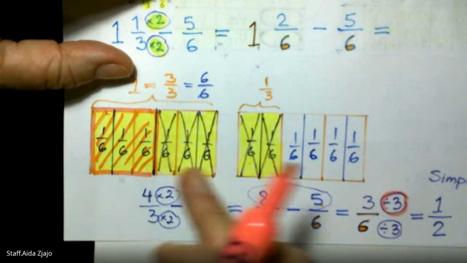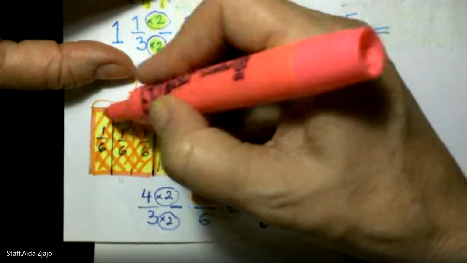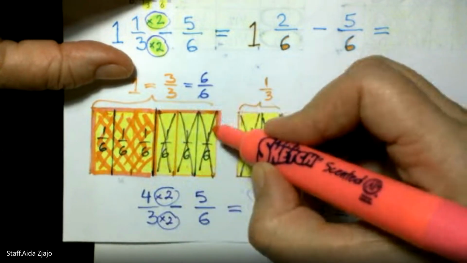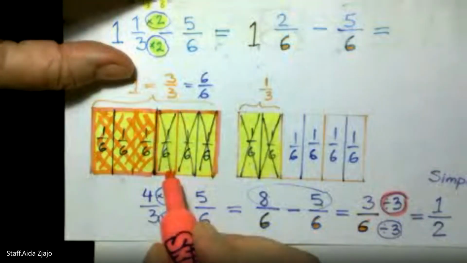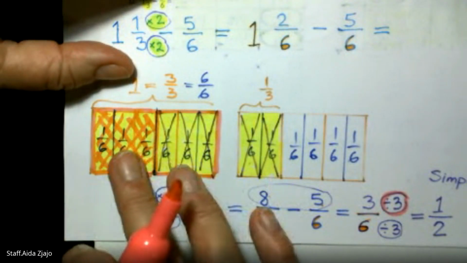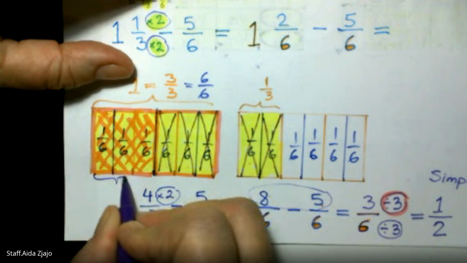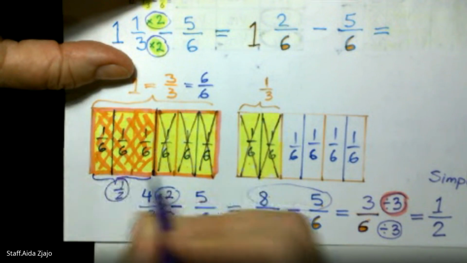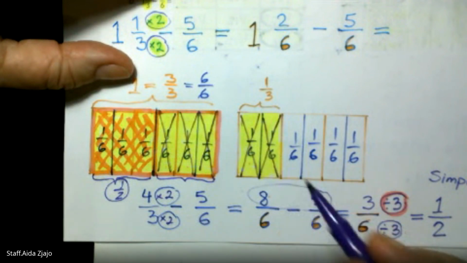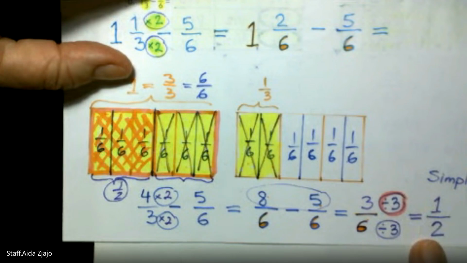And when you look at the whole, this is exactly the same piece as this one here, which is half of a whole. So this is 1/2, this is 1/2. 3/6 makes a half. And these 3/6 are also the other half. So 3/6 is the same as 1/2.